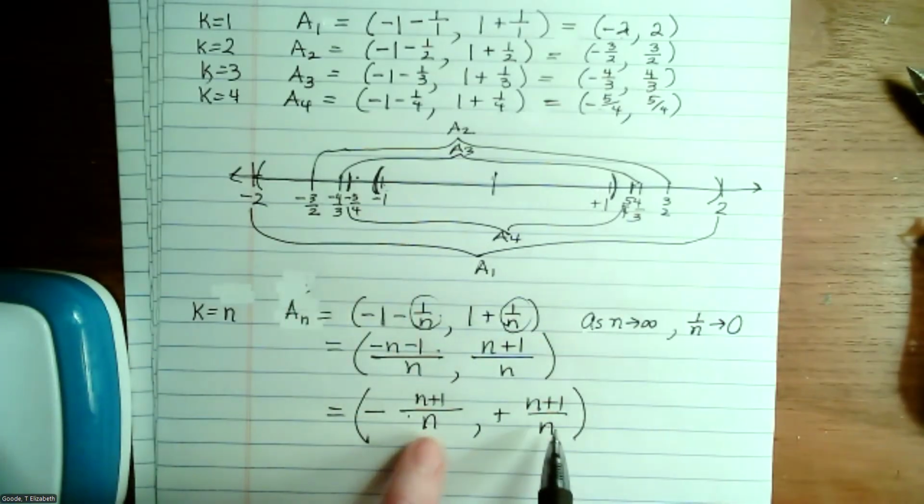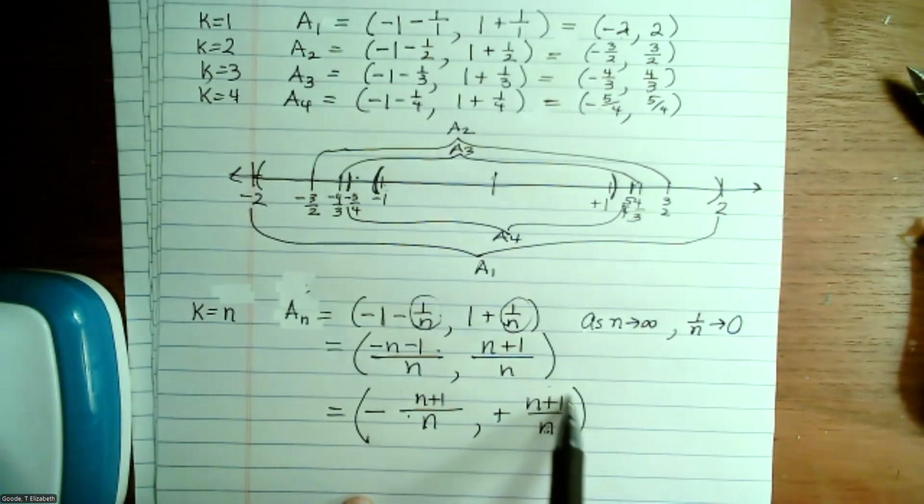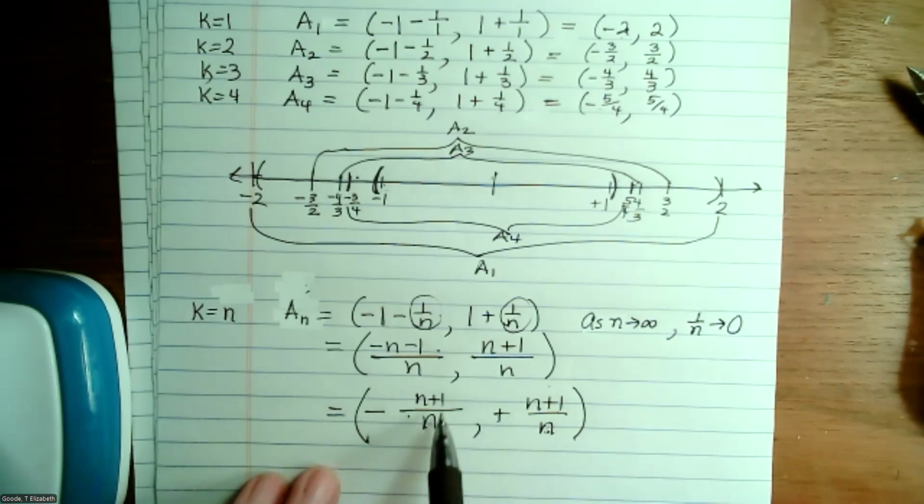The point is, they all have this form. And even for very, very large n, this is still a teeny tiny bit bigger than one because the top is bigger than the bottom. And this is a little bit bigger in magnitude than one. So negative that is a little tiny bit to the left of -1.